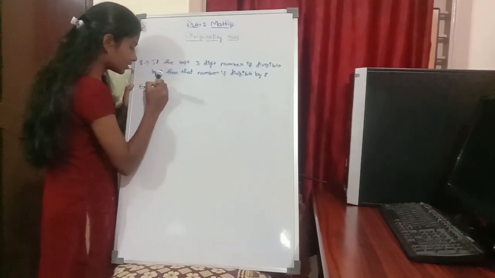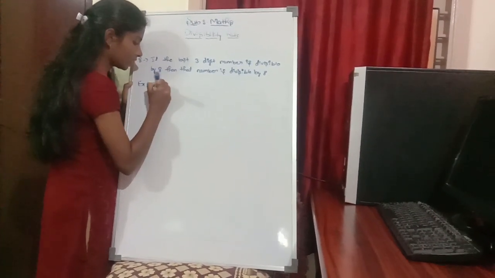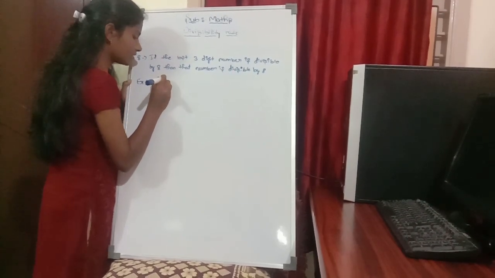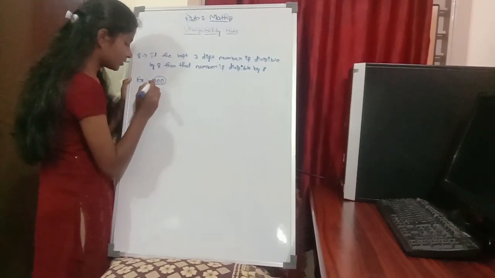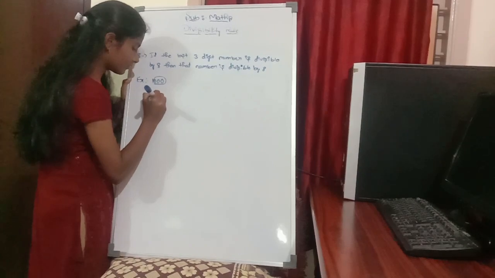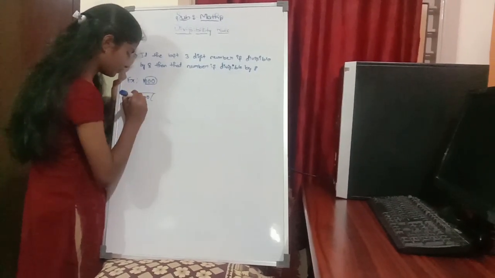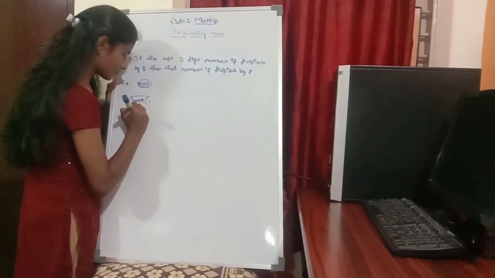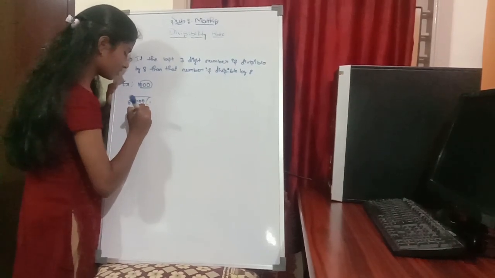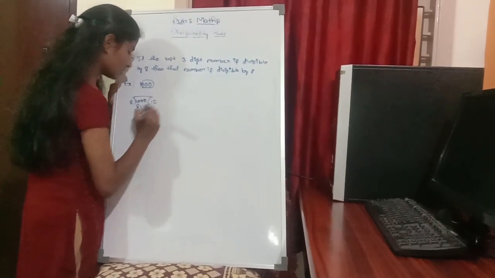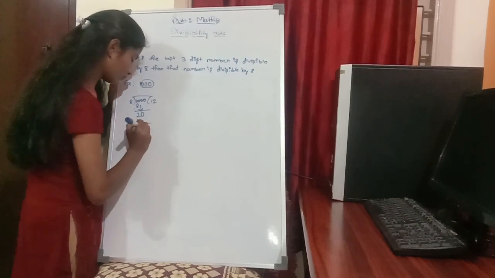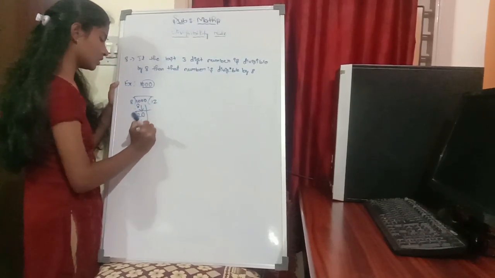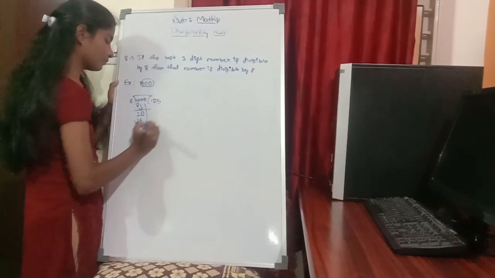I will take 1000. Here the last 3 digits are zeros. Let's divide. 8 ones are 8. 2. Let's bring down 0. 8 twos are 16. 4. Let's bring down 0. 8 fives are 40.